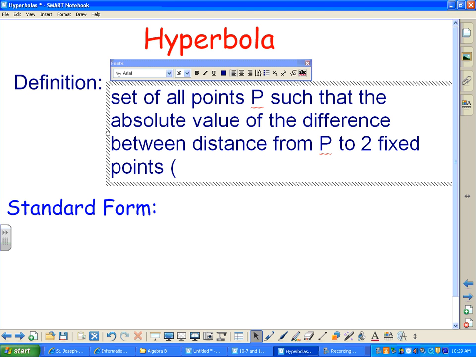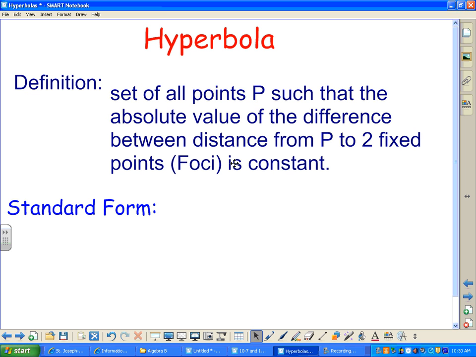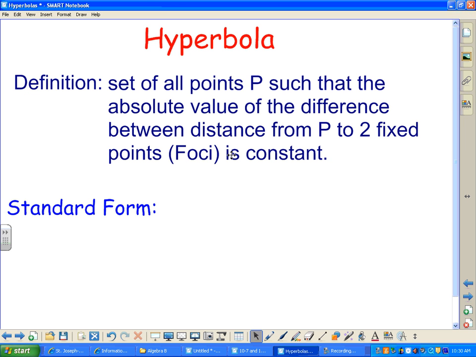Guess what the fixed points are called? Foci. Is constant. So it's the set of all points P such that the absolute value of the difference between the distance from P to two fixed points is always constant.